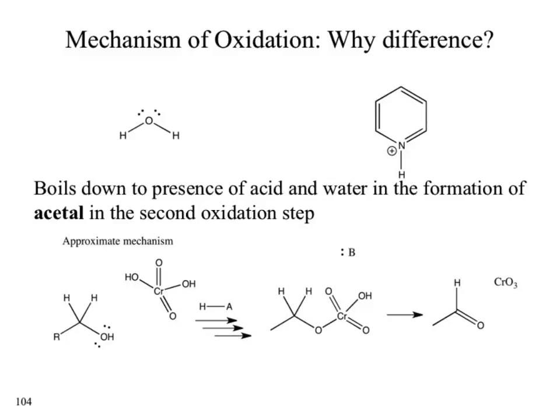Well, if we start with a primary alcohol and we take chromic acid, number one, what do we see in chromic acid? What's reactive in that structure? Pi bonds. What can you tell me about pi bonds? Are they polar pi bonds?